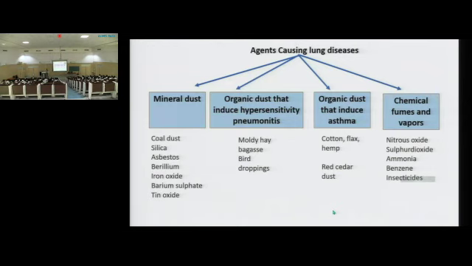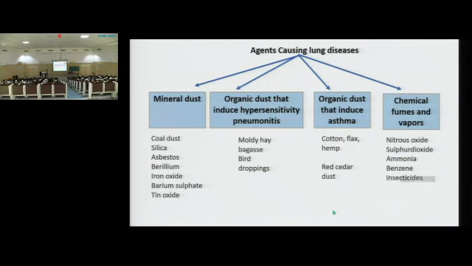What are the substances that are included under the category of organic dust that induces hypersensitivity reactions? That includes the mold hay, bagasse, bird droppings. These things will cause the hypersensitivity pneumonitis. And the substances like cotton, flax or hemp and red cedar dust, they cause the asthmatic attacks.